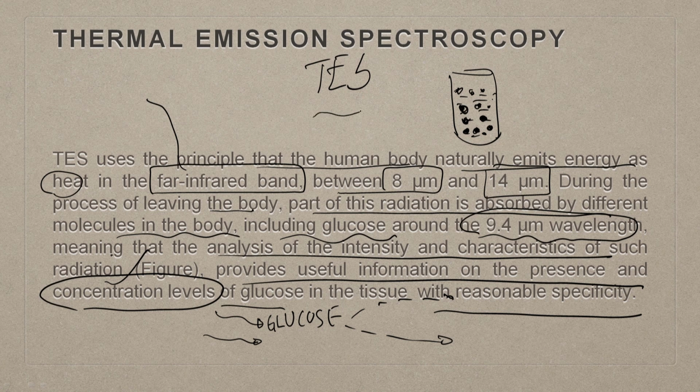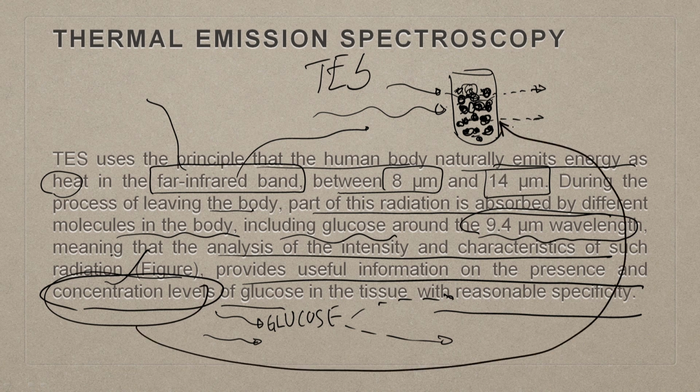Now, here are the far infrared bands. When they are passing through, some of it is getting absorbed by these molecules, and what is going out is after the absorption. So, depending on how many particles are there, if the number of particles increases, then automatically there will be more absorption, and that is what is meant by provides useful information on the concentration level.